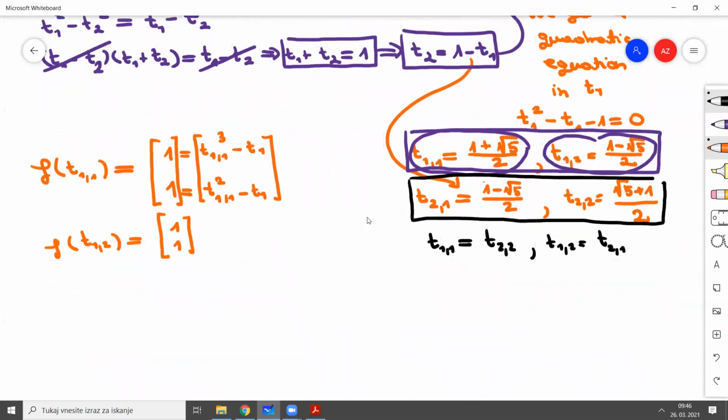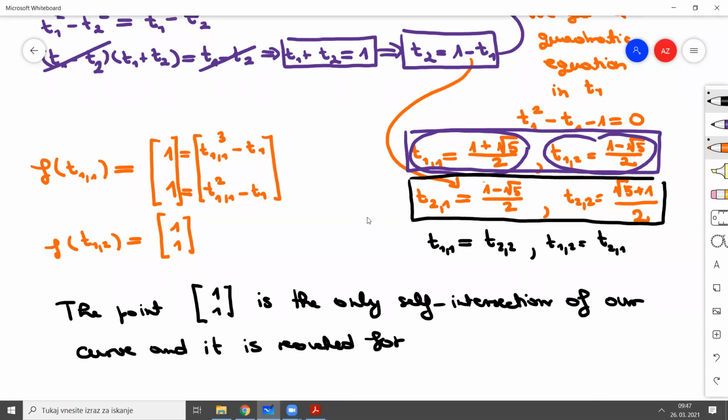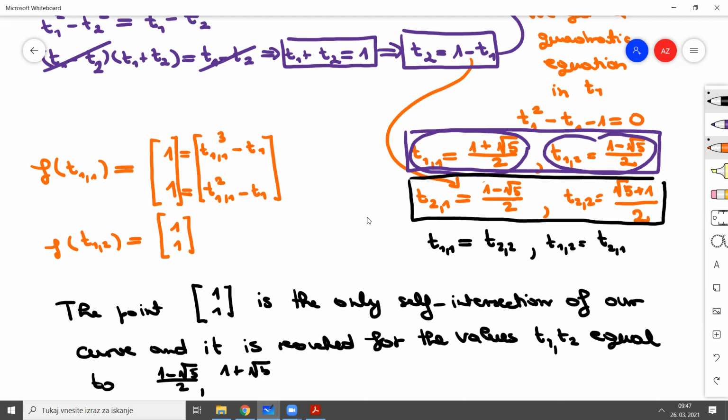So the point (1, 1) is the only self-intersection of our curve, and it is reached for the values T1, T2 equal to 1 minus square root of 5 over 2 and 1 plus square root of 5 over 2.